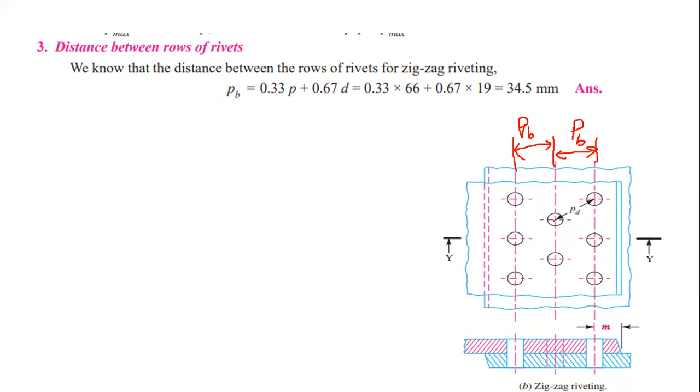Now PD is the diagonal pitch. Don't consider this one. So PB is the row pitch. This is the formula for zigzag joints. The answer is 34.5 mm is the row pitch.